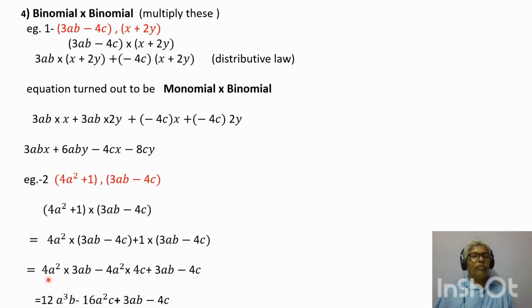Now all these terms: 4a square into 3ab minus 4a square into 4c, plus this one will keep the value same, 3ab minus 4c.